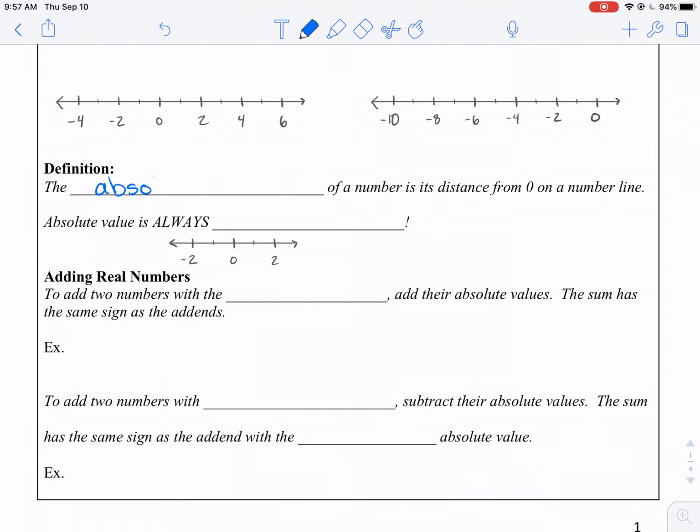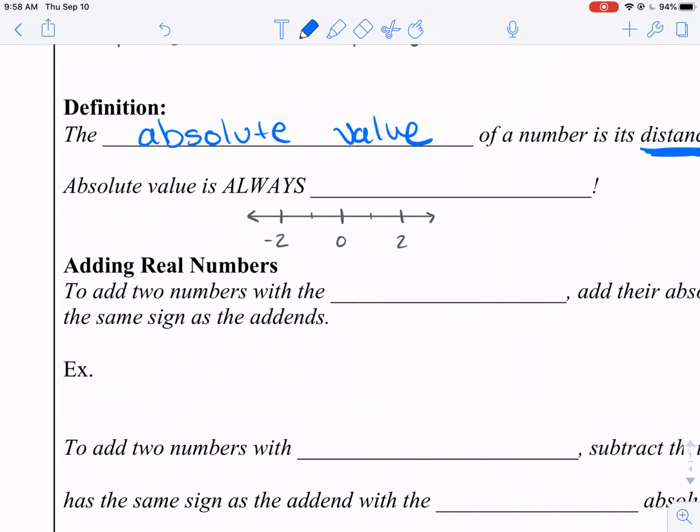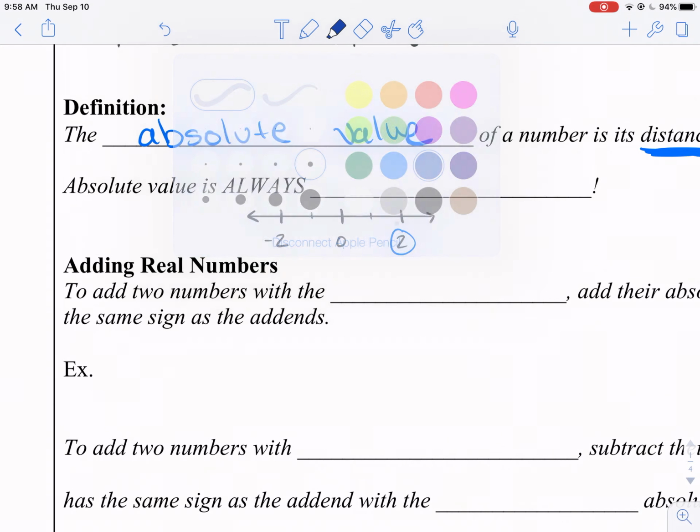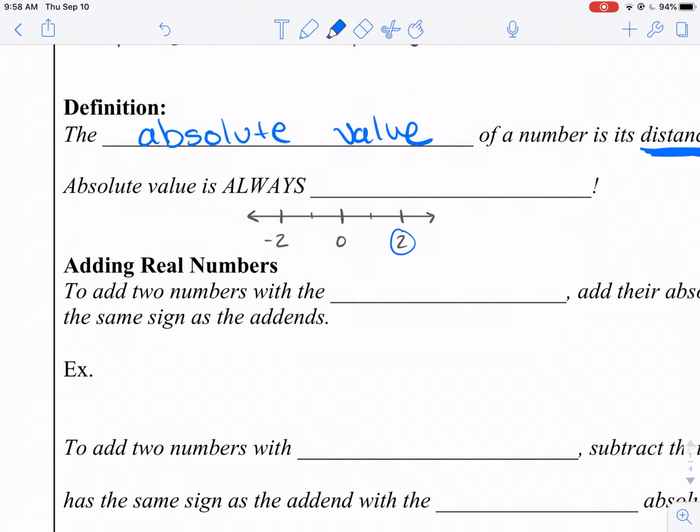The absolute value of a number is how much it's absolutely worth. No, just kidding. If there's one thing you think about with absolute value, think distance, how far you'll go. So the absolute value of a number is its distance away from 0. For example, this number 2, its distance from 0 is 1, 2.